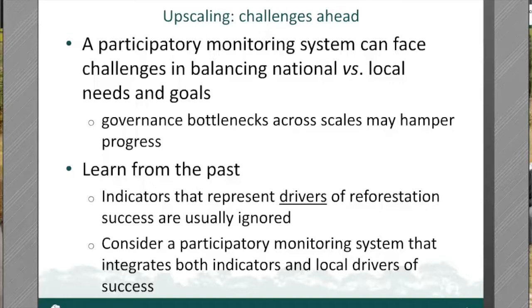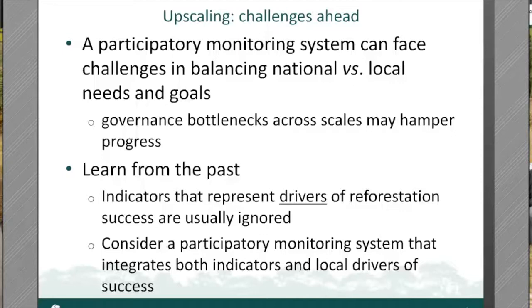A participatory monitoring system can face constraints in balancing what we want in terms of linking national versus local needs and goals. One of the causes is governance bottlenecks across scales, from the national to the municipal. For the information to flow, be mindful that the information from the local to the national system, if there is one, may not flow smoothly. So be mindful of that.